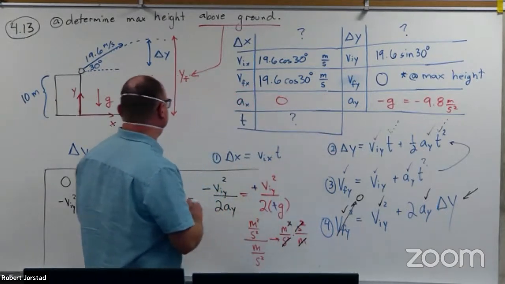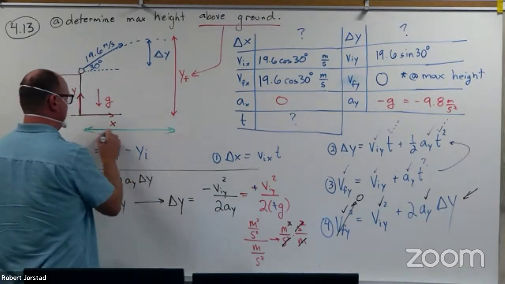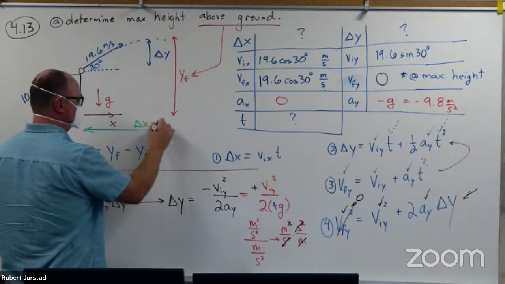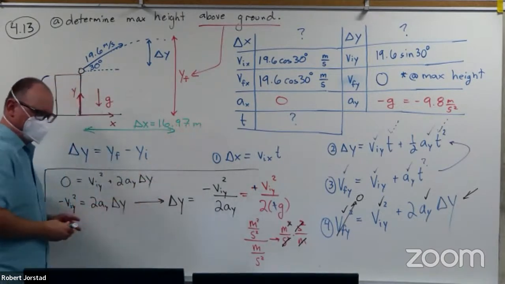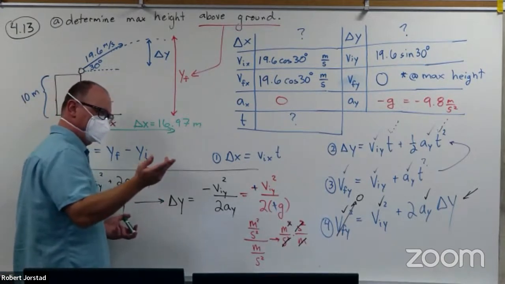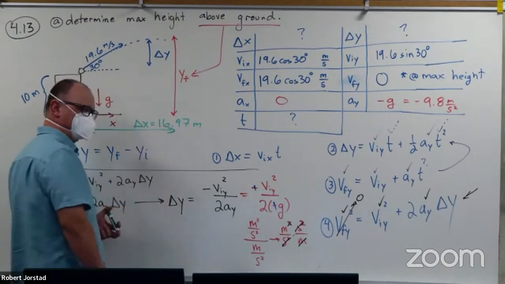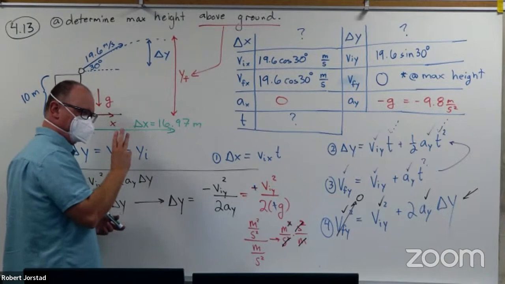So you said you figured out that delta X was, what did you say it was? 16.97. Yeah, so this is a good question. Generally speaking, what's your major? Mechanical engineer. You should bump it up to 4 sig figs. Typically what happens is we use 3 sig figs for all our numbers.